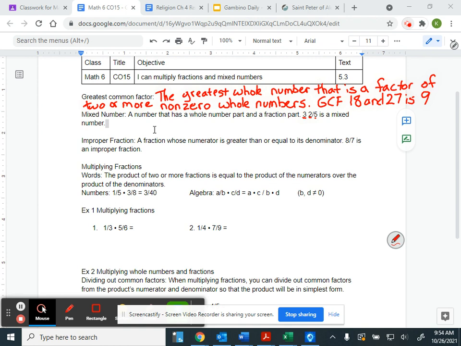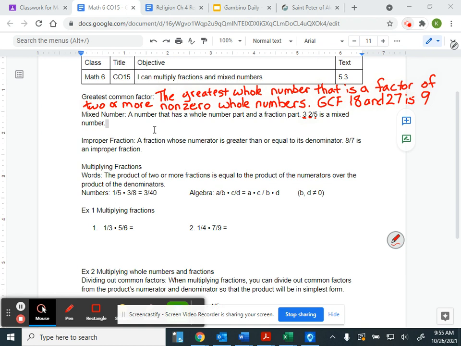Remember, Mrs. Dawson doesn't want anything improper in her school. So we don't want your numerator to be bigger than your denominator, or, like we learned from the worksheet from yesterday, they shouldn't be the same number. They shouldn't be equal. If it's equal, remember that 7/7, we need it to turn into a whole one.